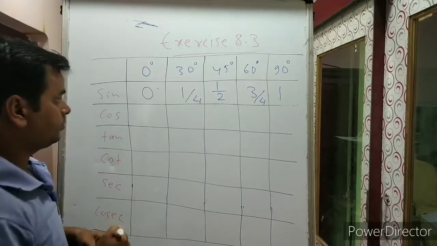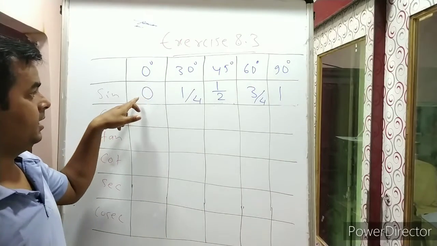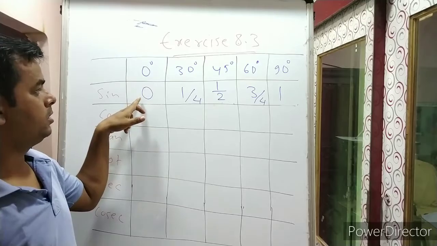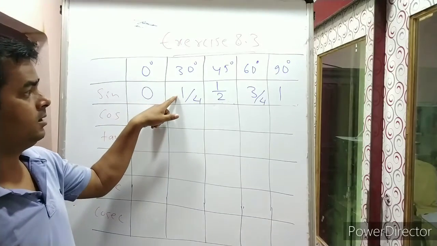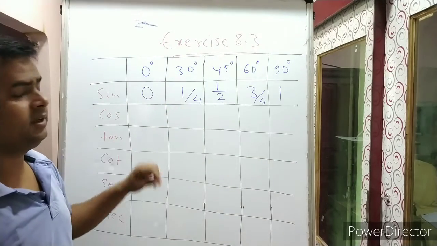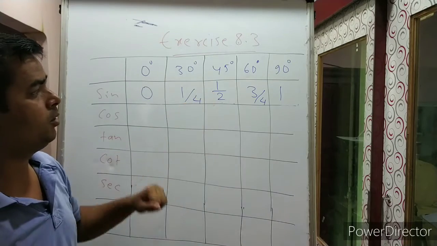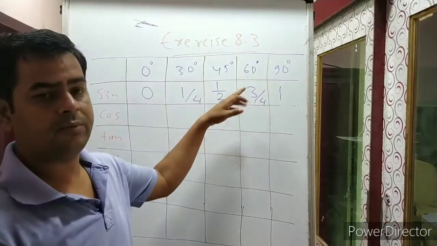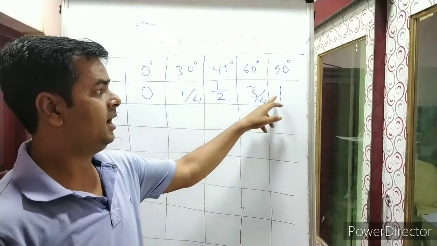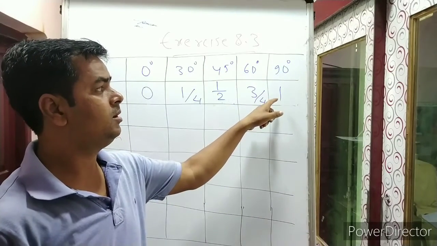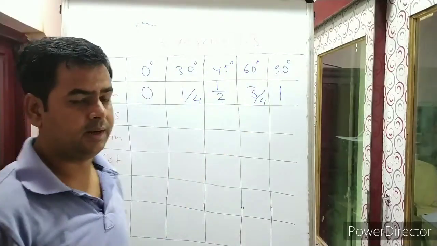Here it was 0 upon 4, so we write 0. This was 1 upon 4, so we leave this 1 upon 4. This was 2 upon 4, so we write 1 upon 2. This was 3 upon 4, so we leave this one also. And this was 4 upon 4, so we write 1.